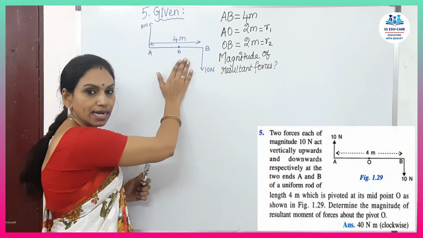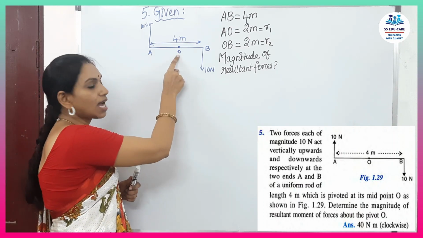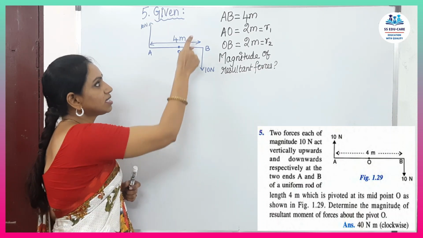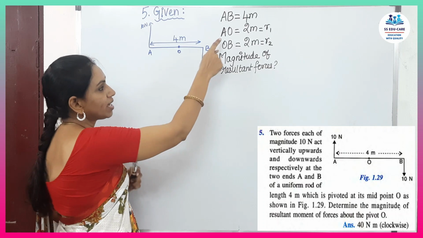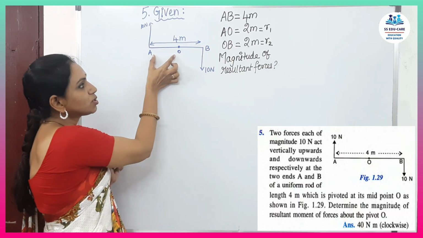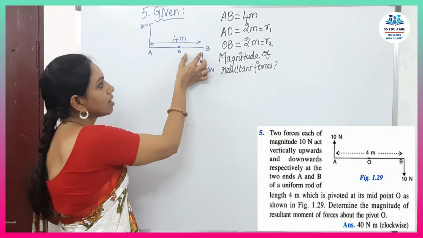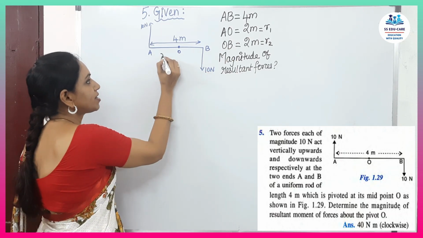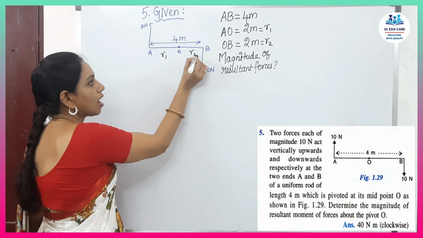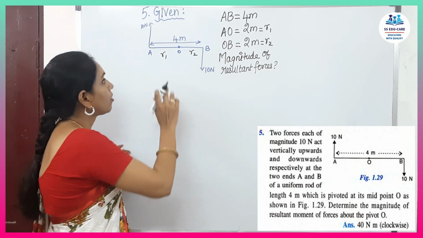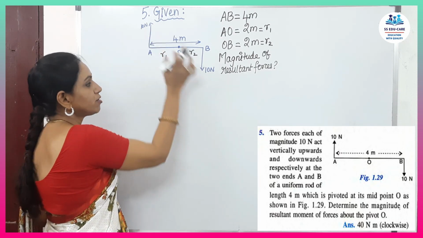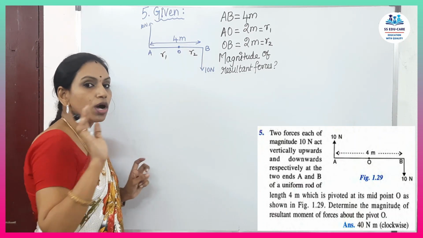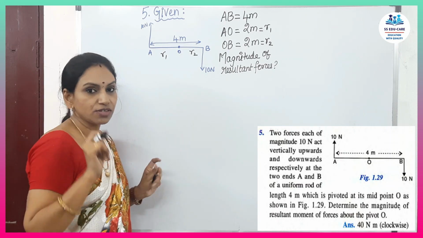See, this is the diagram which is pivoted at point O and the overall distance is 4 meter, whereas AO is 2 meter and OB is 2 meter. This is your R1, R2. Okay, so forces are 10 Newton each, acting at points A and B respectively.